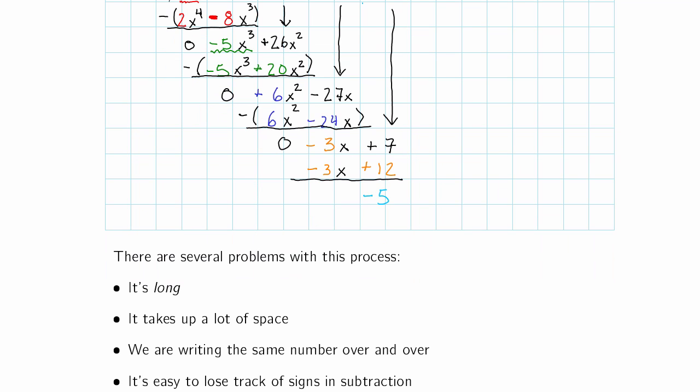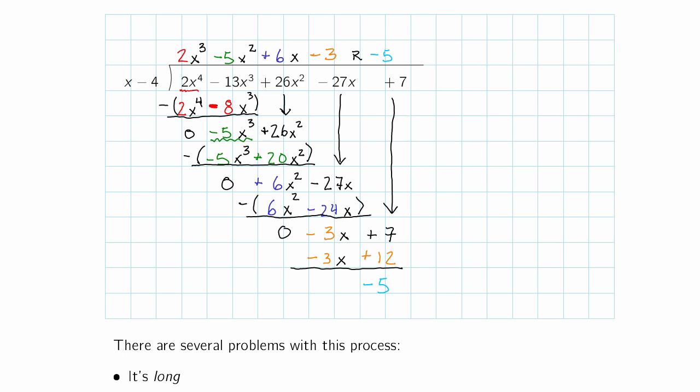And finally, we're writing the same number over and over again. In each round, we're writing the same number 2 or usually 3 times. In fact, the only time we get a new number is in the multiply step and then in the subtract step.